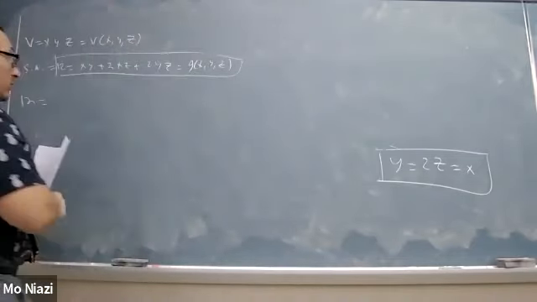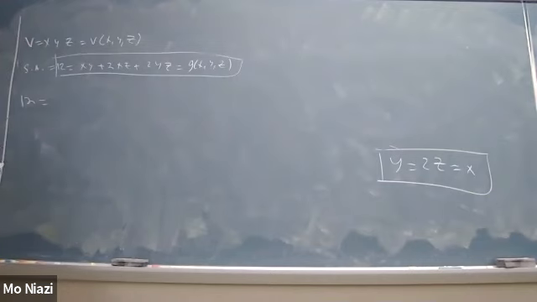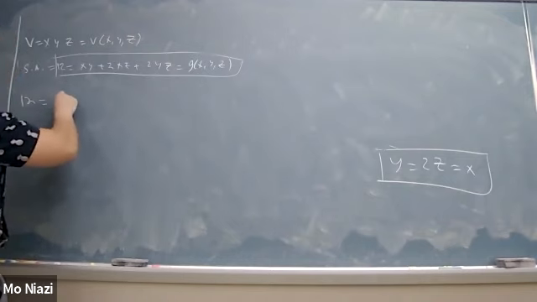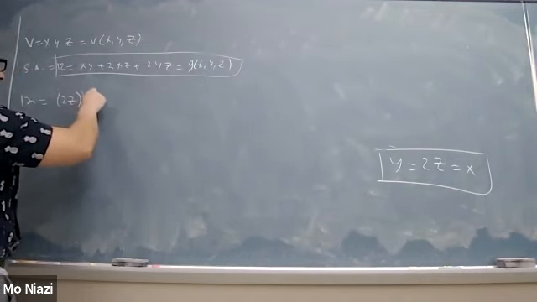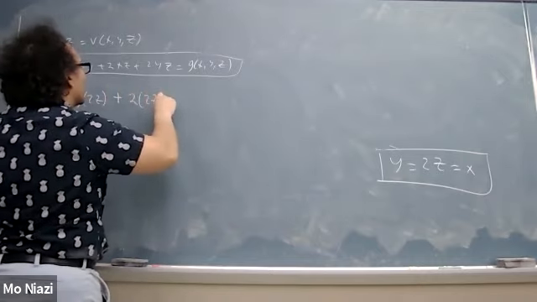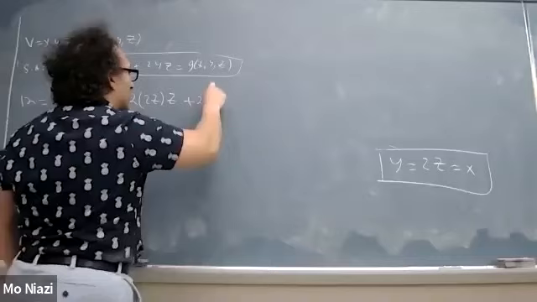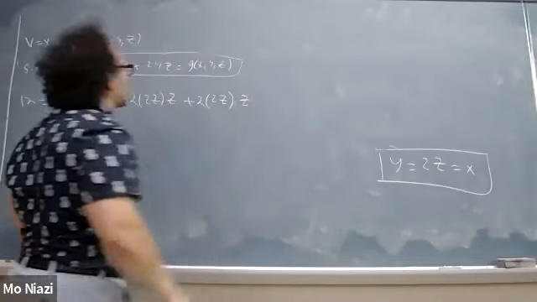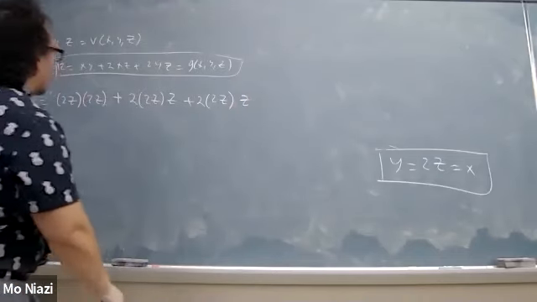We want this all in one variable, okay? So we want to switch every x and y with a 2z. So this becomes a 2z times a 2z plus 2 times a 2z z plus 2 times a 2z z is equal to 12.